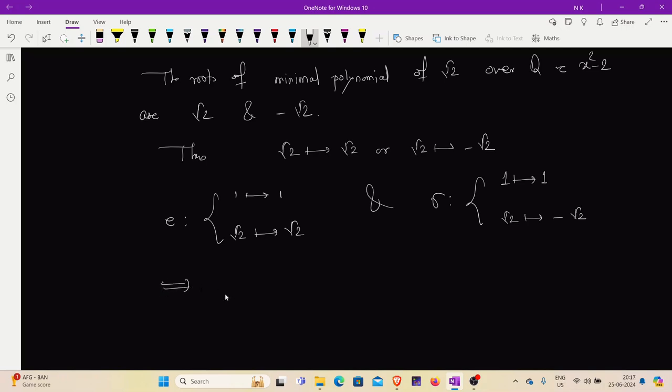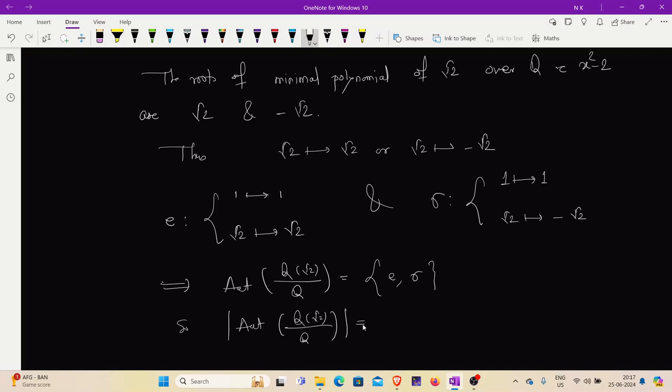So the automorphisms of Q(root 2) over Q are e and sigma, as depicted here. And so the cardinality of the automorphism group is equal to 2. I will call this the second statement.